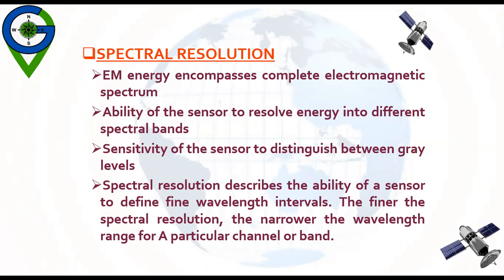Electromagnetic energy encompasses the complete electromagnetic spectrum. The spectral resolution describes the ability of a sensor to define fine wavelength intervals. The finer the spectral resolution, the narrower the wavelength range for a particular channel or band.